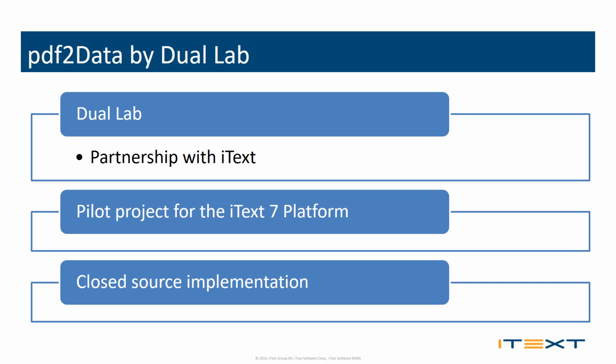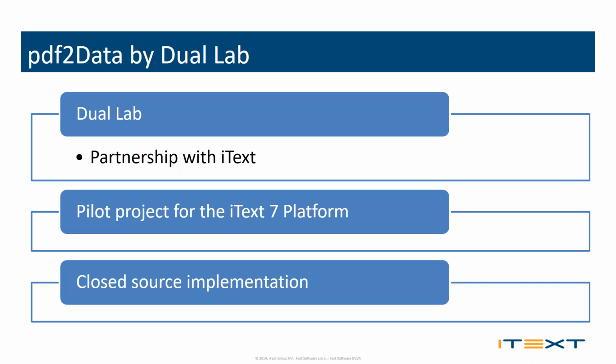But first, a very short history. Dualab is a software development company. We are well experienced with the iText 7 platform, and have been doing some in-house research on data recognition inside PDF documents, which resulted in this software.